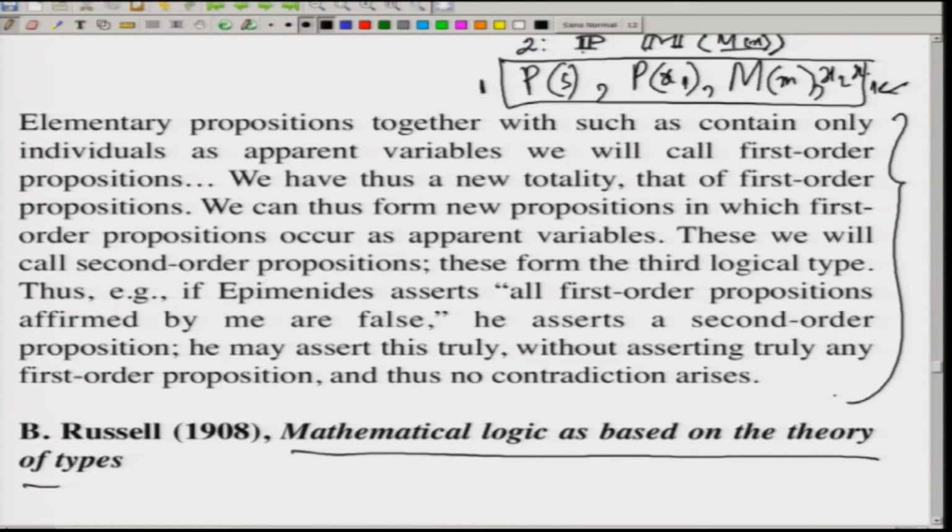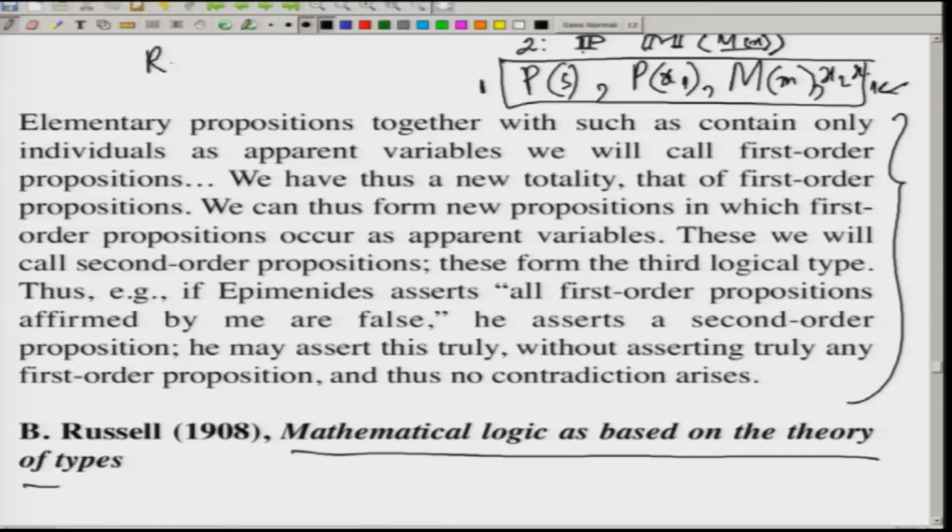Our discussion was based on this paper of Russell, and this quote is very important for us. Now, we can see how it prevents the paradox, that is the liar's paradox or Russell's paradox. As far as sets are concerned, a set will not have itself as a member. The set has to be constructed in such a way that it will never talk about itself. In the old construction, set R is the set of all x such that x does not belong to itself.